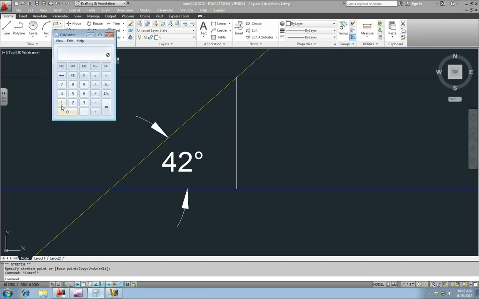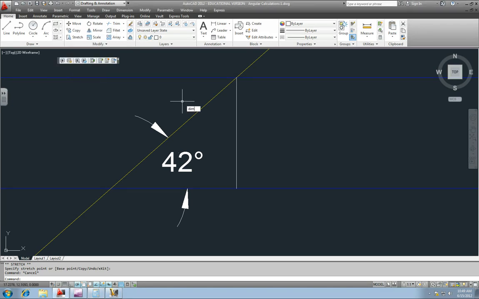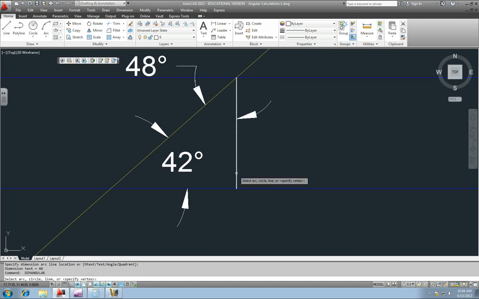Okay, so that's 180 for the triangle. There's 180 degrees in the triangle, minus 42 for the known angle, minus 90 degrees for the right triangle, and we're left with 48 degrees. So the angle between here and here is 48 degrees, and I don't even have to measure it. Just to be thorough, let me dimension that angle. That's 48 degrees, and of course I drew that one perpendicular, so I know that's 90.